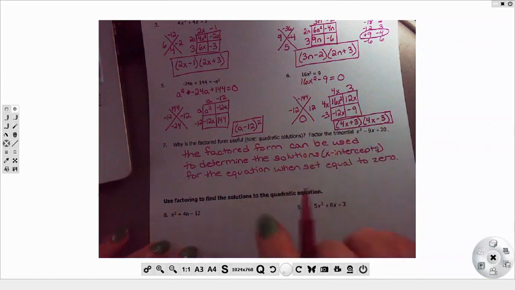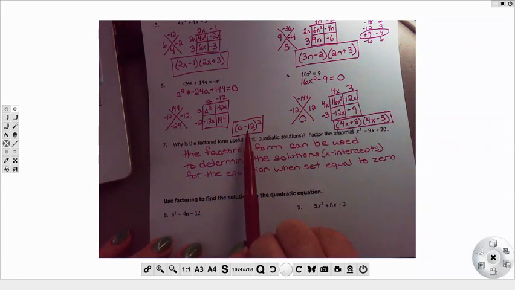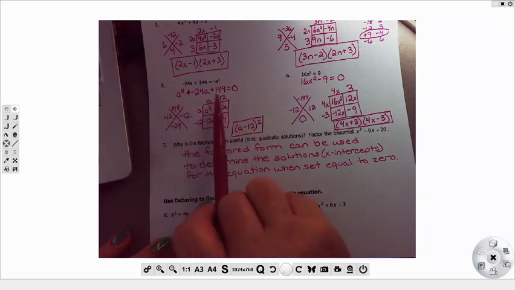So if I were to set a minus 12 equal to 0, I would get a equals 12. And if I were to graph this equation, I would get one solution of 12, 0 as my x-intercept.